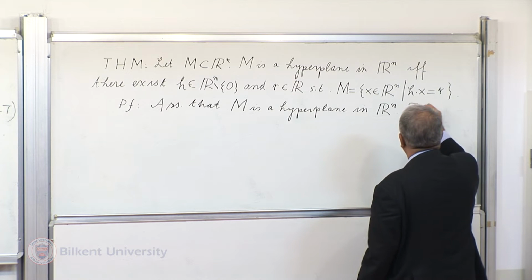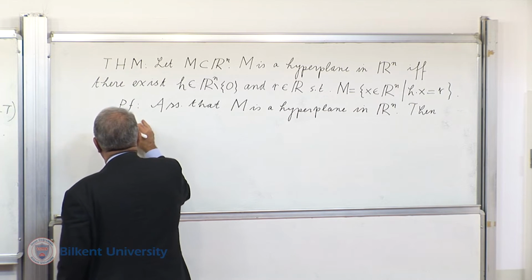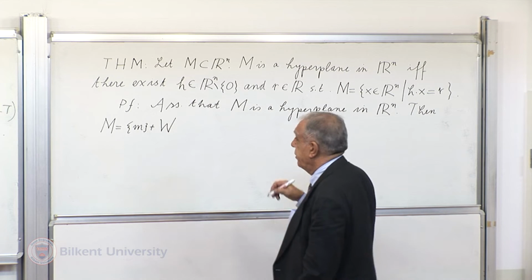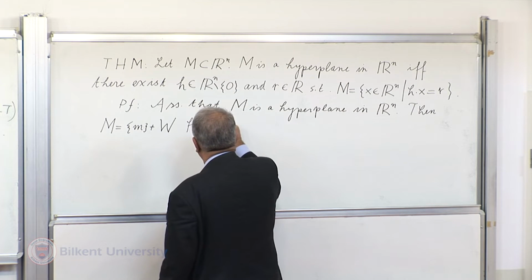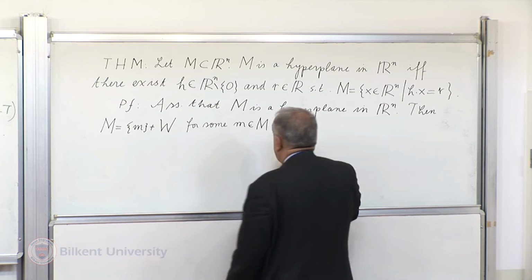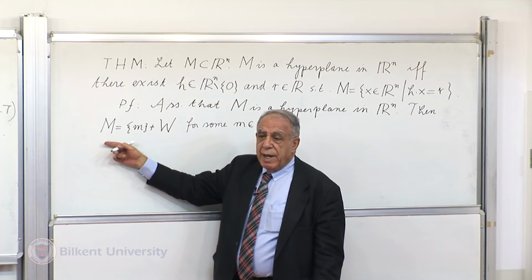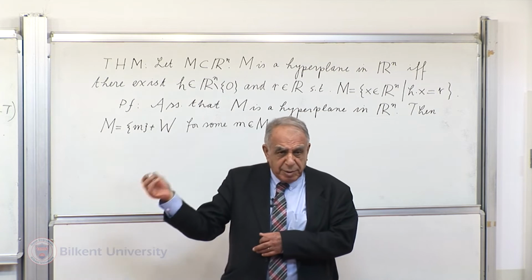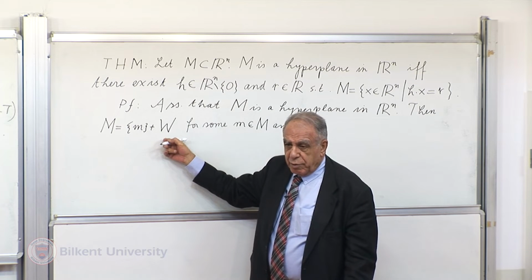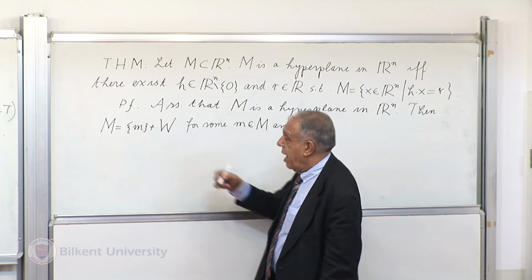Then M is equal to some m plus a subspace W. But now, the dimension of an affine subspace was defined as the dimension of the associated subspace, so n minus 1 must be the dimension of W for this to be an n minus 1 dimensional affine subspace of Rn, that is a hyperplane.